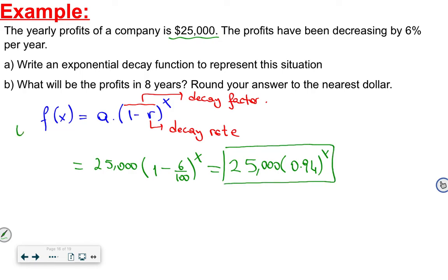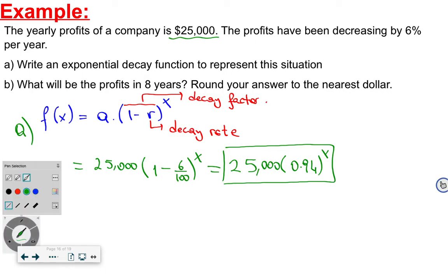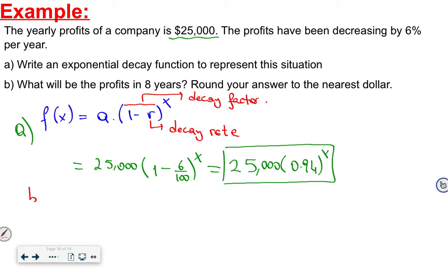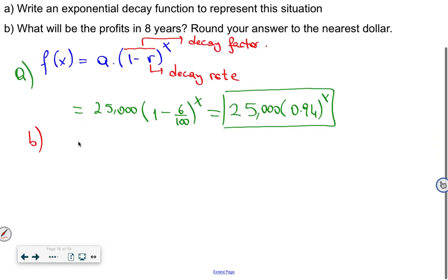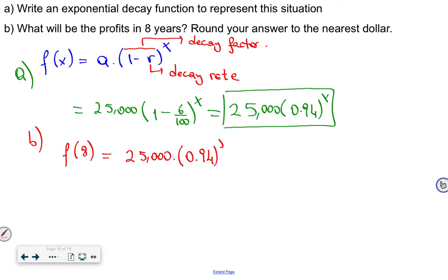This is part A. What about part B? What will be the profit in 8 years? Round your answer to the nearest dollar. So what am I going to substitute into the x? 8. Substitute. f of 8, which means the profit in 8 years, is 25,000 times 0.94 to the power 8.